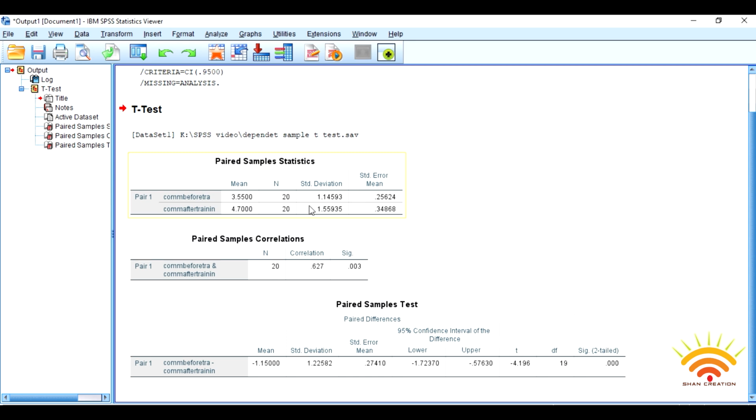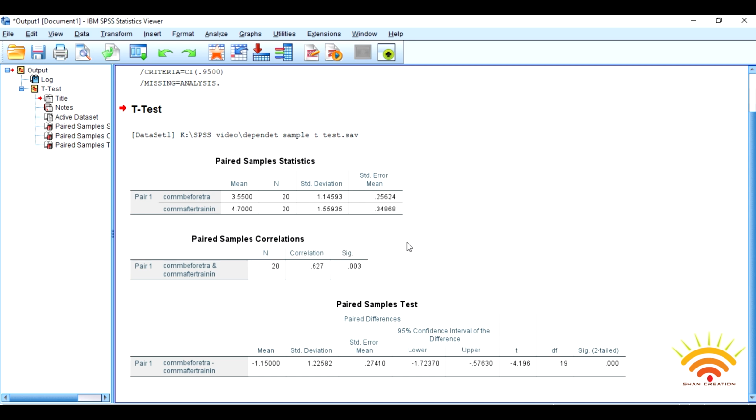In the second table you can see the paired sample correlations. So the correlation between time 1 and time 2 is given. The correlation is significant because the significance value is less than 0.05. For more on correlation analysis, you can watch the correlation analysis video.